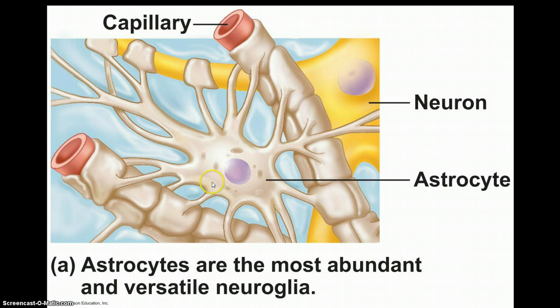This is an astrocyte. What's significant about it is, if you'll notice what it's doing, it is holding blood vessels and neurons apart. If you think of when you look under the hood of your car, there's usually a bracket that holds the different spark plug wires apart so that they don't touch each other, rub on each other, and short out.